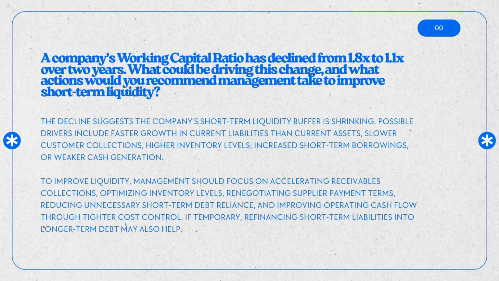To improve liquidity, management should focus on accelerating receivables collections, optimizing inventory levels, renegotiating supplier payment terms, reducing unnecessary short-term debt reliance, and improving operating cash flow through tighter cost control. Temporarily refinancing short-term liabilities into long-term debt may also help.